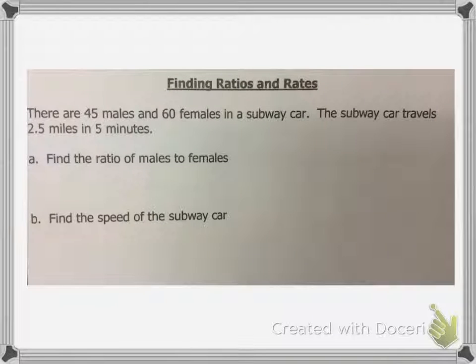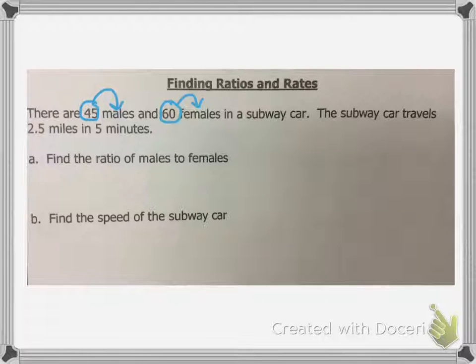So the first example is talking about finding ratios and rates. There are 45 males and 60 females in a subway car. If we're talking about highlighting important information, I would circle those numbers, and I'm going to draw arrows so that I remember what those numbers are talking about.